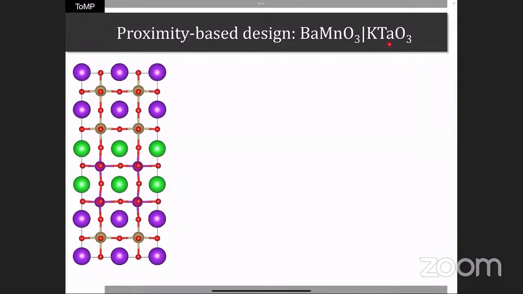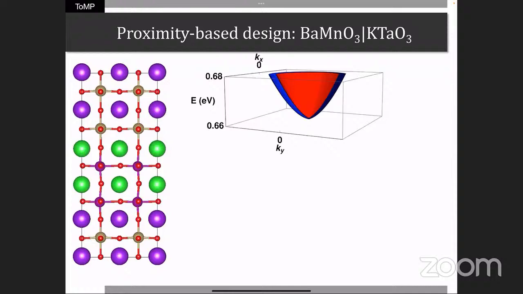And tantalum has very strong spin-orbit interaction, although in this compound, potassium tantalate, tantalum has 5+ oxidation state, therefore no 5d electron. But when we make this heterostructure, manganese comes in proximity with tantalum, it shows Rashba effect in many of its bands, the manganese bands.